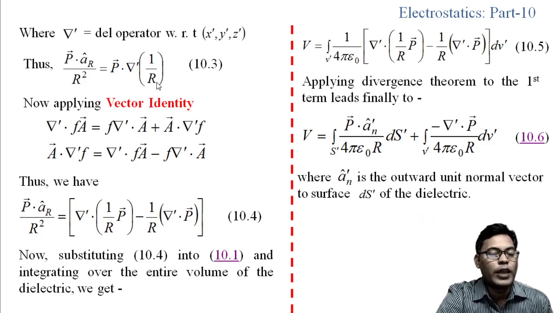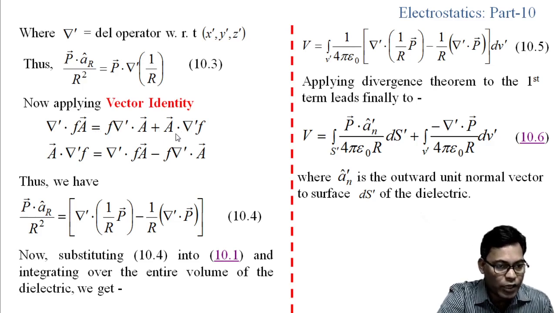Now again we are going to apply another vector identity, that is del prime dot fA, where f is the scalar quantity and A is the vector quantity. This can be written as f into del prime dot A plus A dot del prime f.